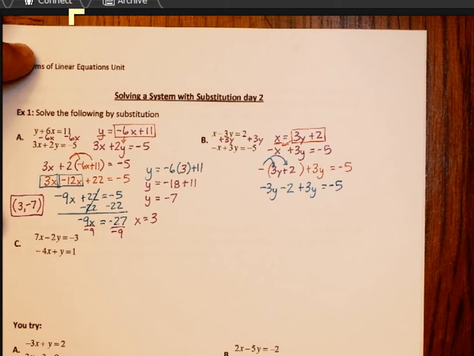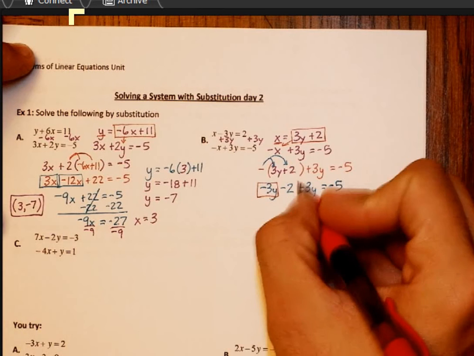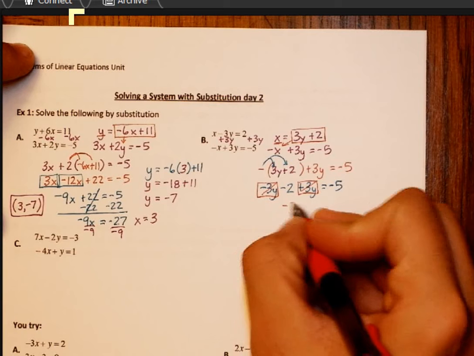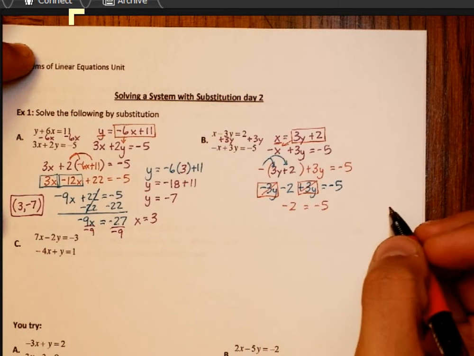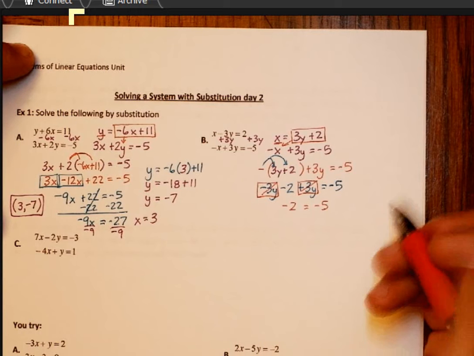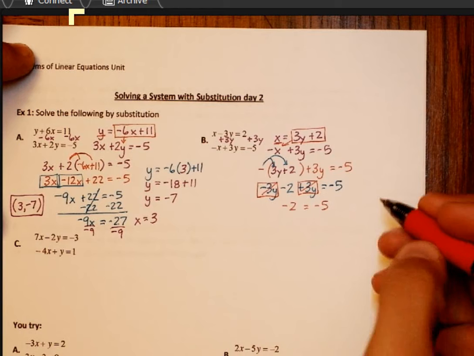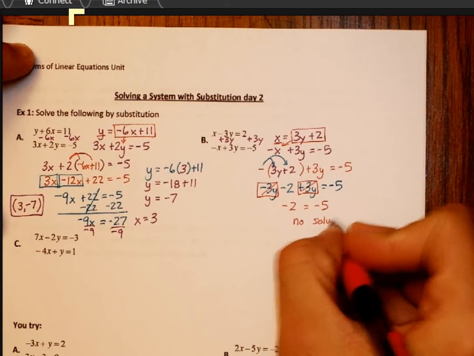Combine like terms. So negative 3y plus 3y makes 0, so it cancels out. So negative 2 equals negative 5. Again, you have to ask yourself, is this a correct solution? And here the answer is no. So this is no solution.